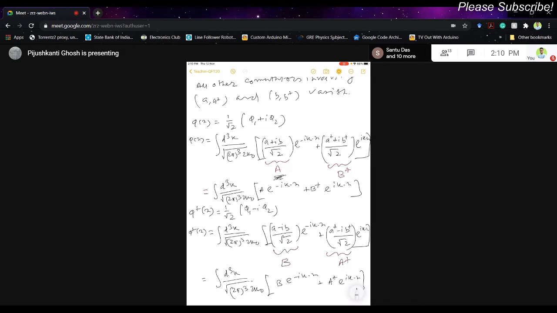So here the new feature is that I have two types of annihilation and creation operators: capital A, capital B, capital A dagger, capital B dagger. A is the annihilation operator for the particle and A dagger is the creation operator. B is the annihilation operator for the antiparticle and B dagger is the creation operator for the antiparticle. Now note that identifying A as the particle annihilation operator is a bit of convention.